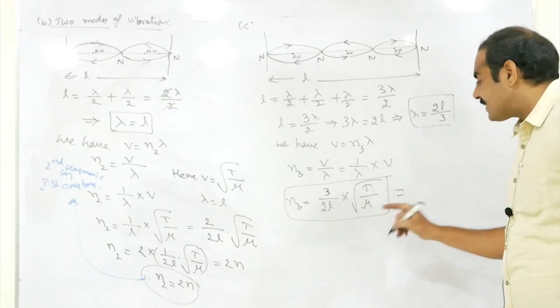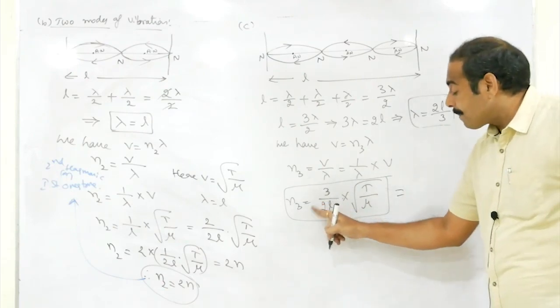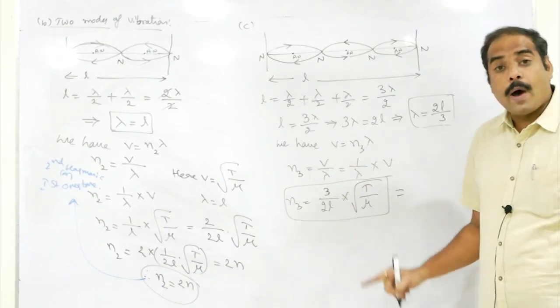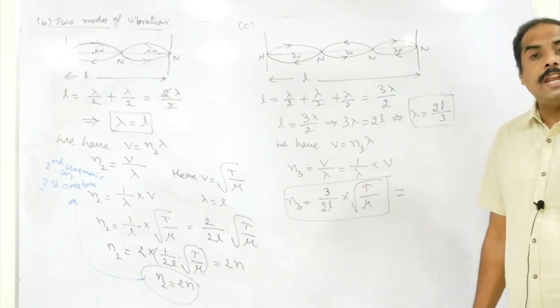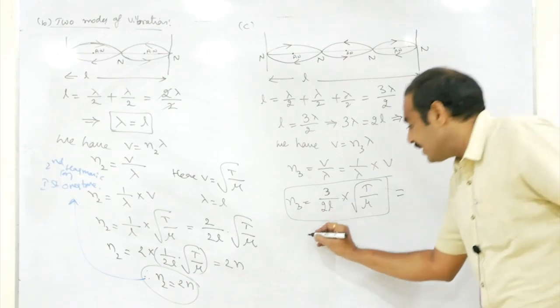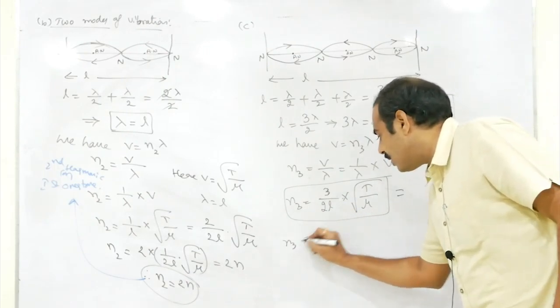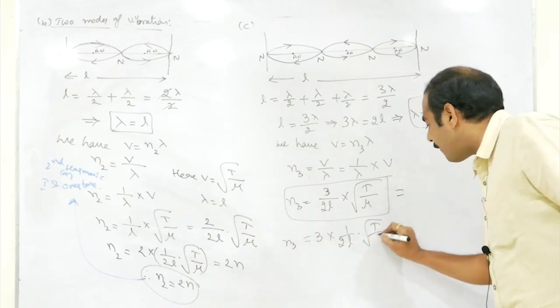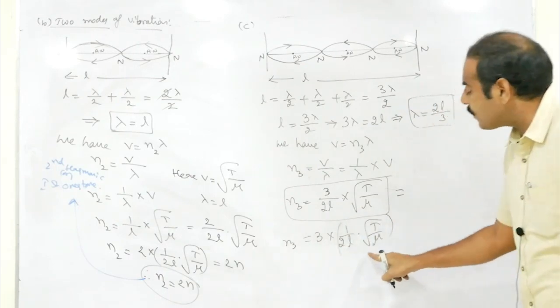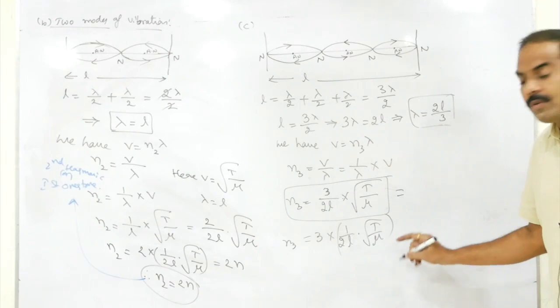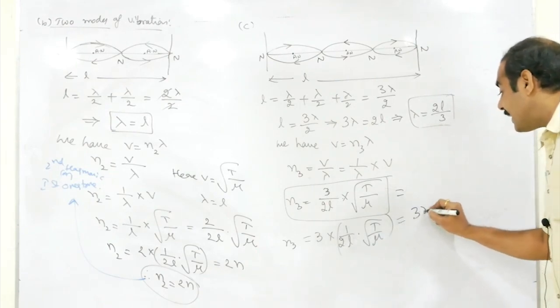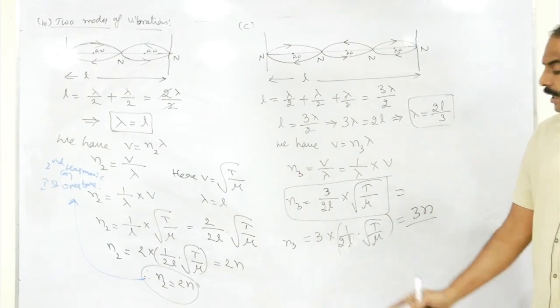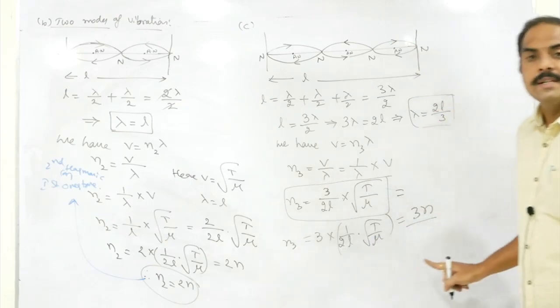You can consider this as, what is the fundamental frequency? 1 by 2L into square root of T by mu. This is how many times? You can write this as n3 is equal to 3 into 1 by 2L into square root of T by mu. What is this 1 by 2L into square root of T by mu? Fundamental frequency. That is n. So n3 is equal to 3n.